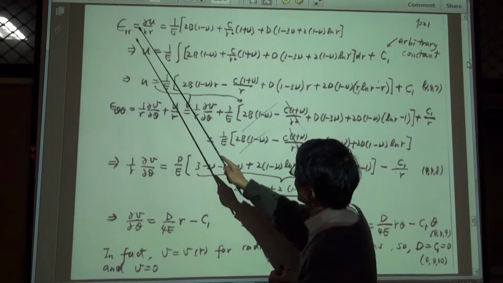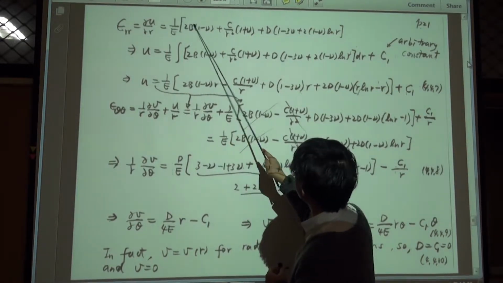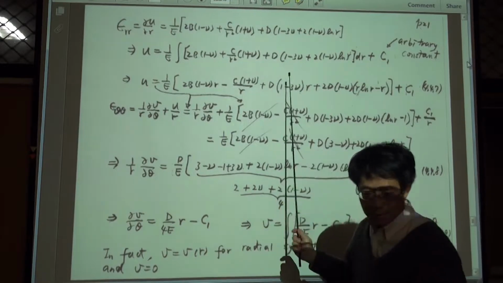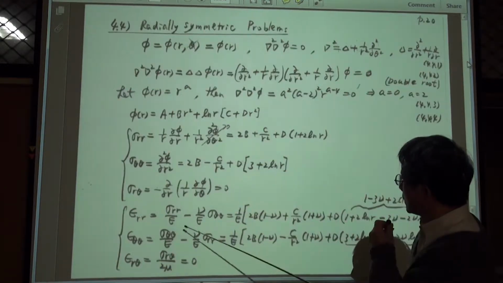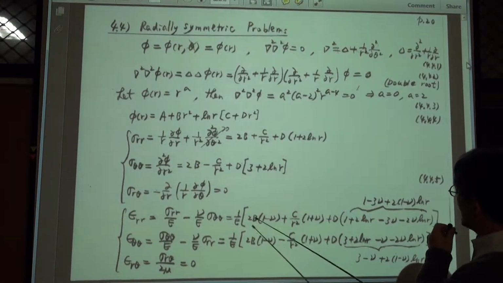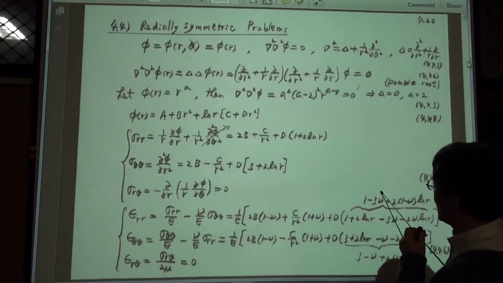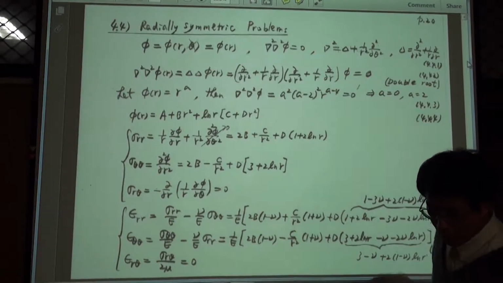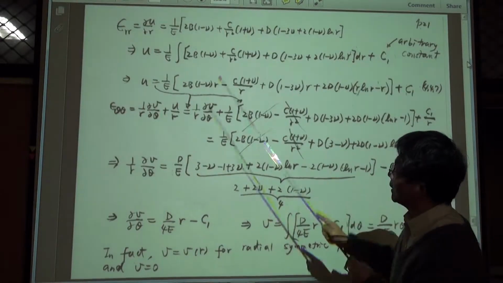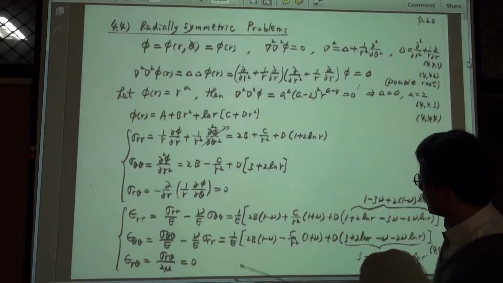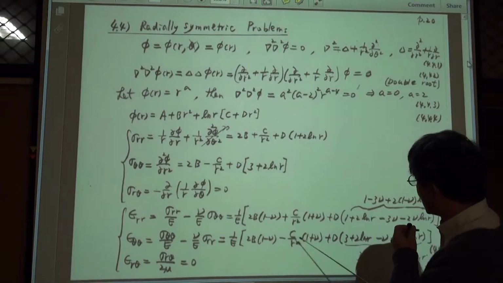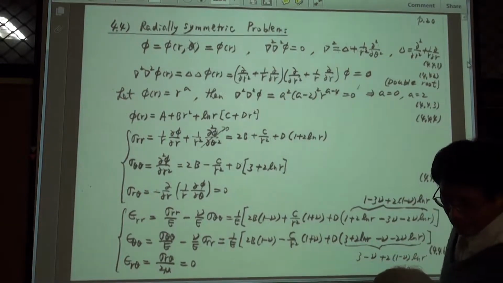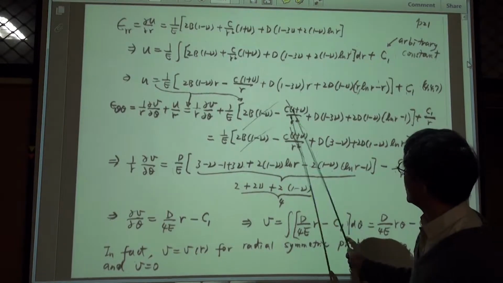Now epsilon r equals this form. This is the function here. We just copy this formula to here. In the same way, we copy the epsilon theta formula to here.